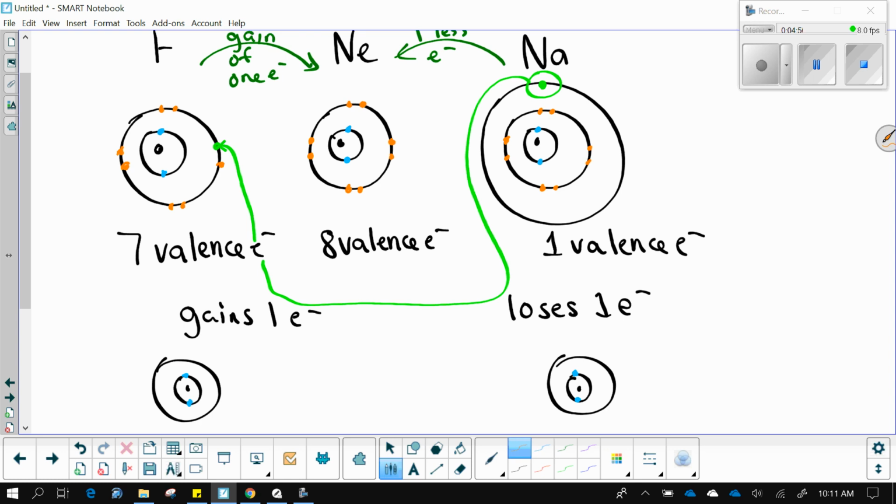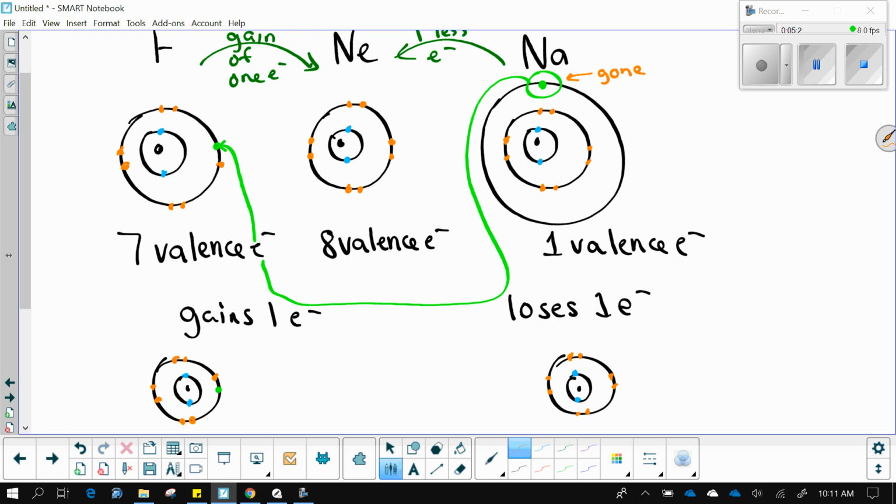So fluorine had 7 valence electrons. It has gained 1. I'll go ahead and draw it the same color as it came from sodium. Sodium had this shell here, but it's gone. And now what's left is the shell below it.